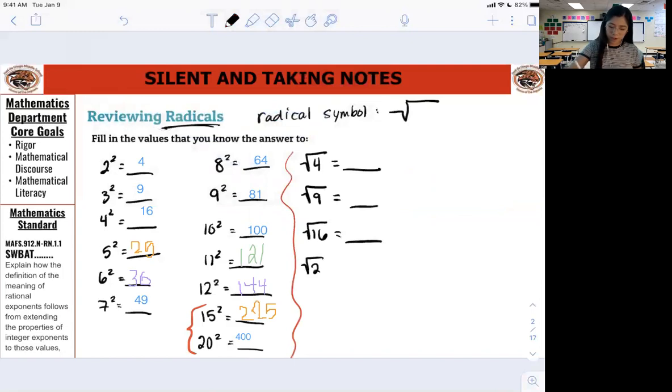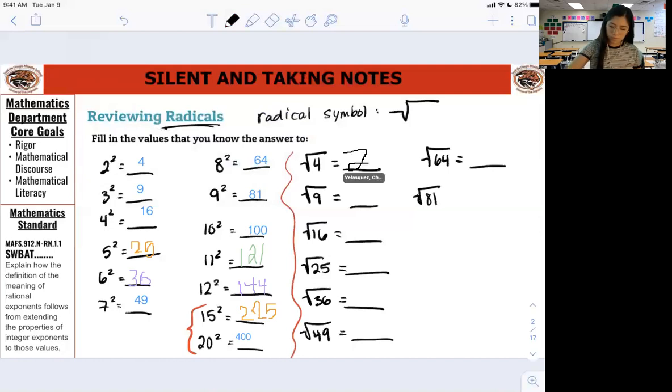Square root of 25, the square root of 36. Good, fill them in, guys.